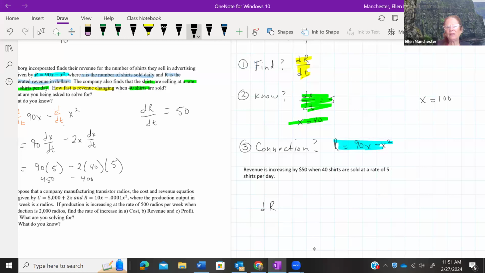So we're looking to see how our revenue is changing. Again, the dx/dt is 5. But now I have 100 shirts. Well, here's my 450. 200 times 5 is 1,000. 450 minus 1,000. Now I have negative, what is that, 550?